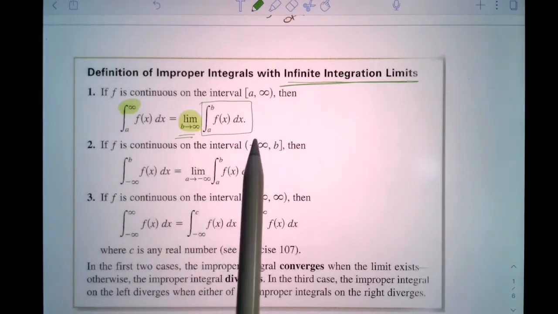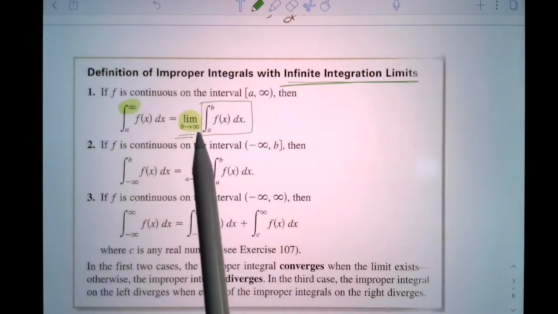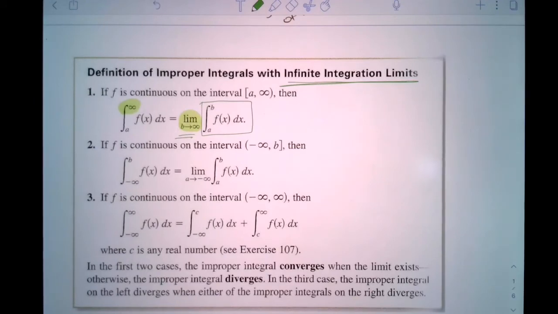Step 2, actually evaluate that antiderivative. Find out how to do it. Is it a basic rule? Is it a U substitution? Is it integration by parts? Figure it out. And then step 3 is actually taking the limit of that antiderivative. You're going to use the fundamental theorem of calculus. We're kind of getting around the issue. We're going to address it.